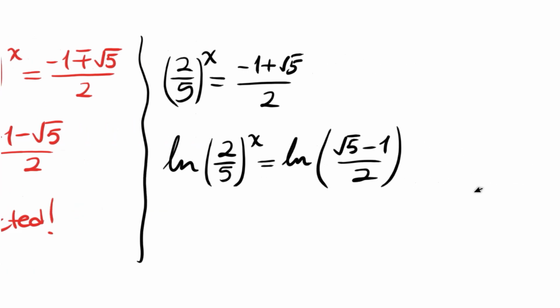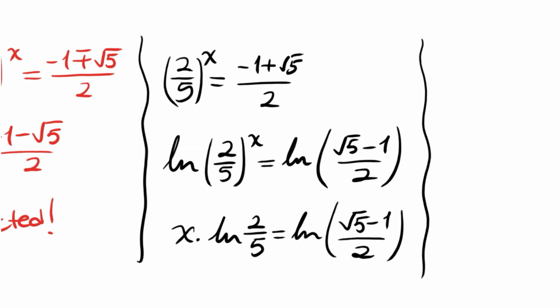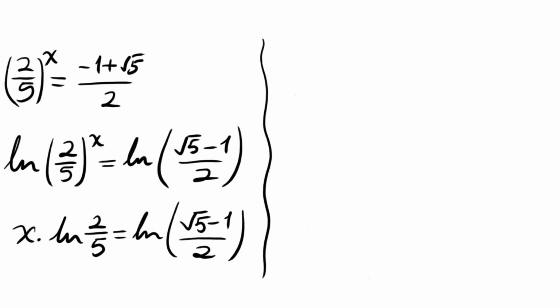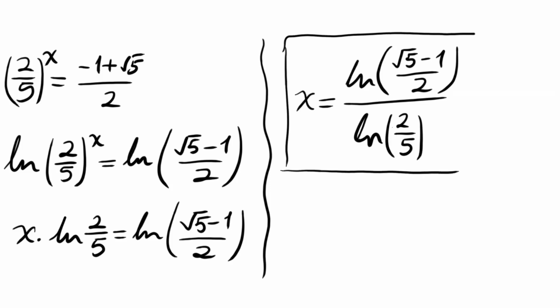Then x times ln 2 over 5 is equal to ln of root 5 minus 1 divided by 2. x is just ln of root 5 minus 1 over 2, divided by ln 2 over 5. This is the real solution to our exponential equation, but actually we want to solve for a and b.